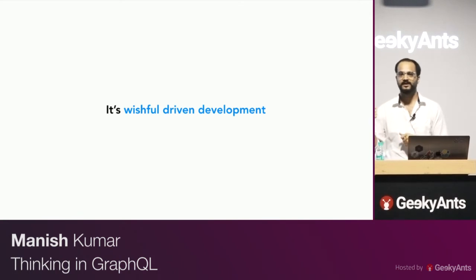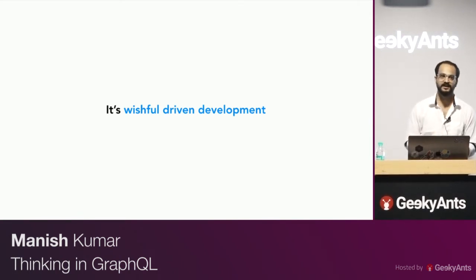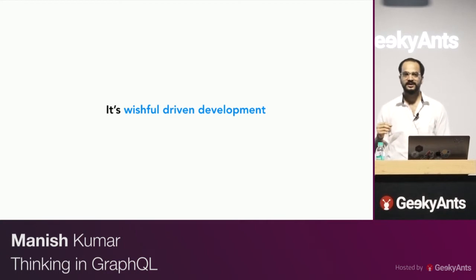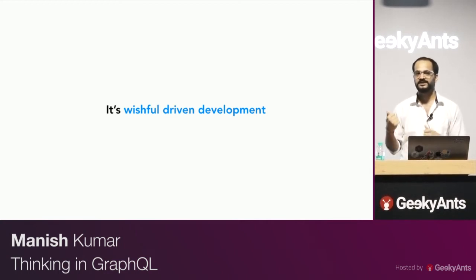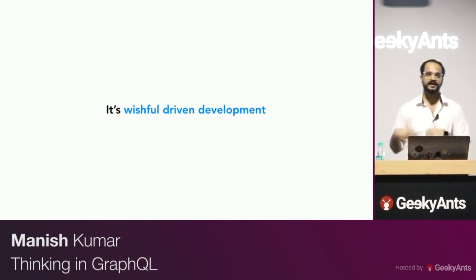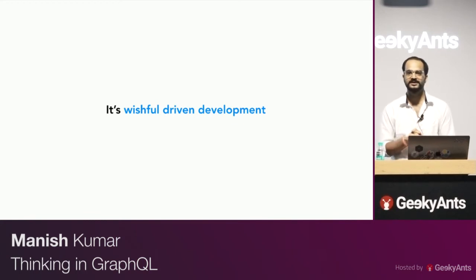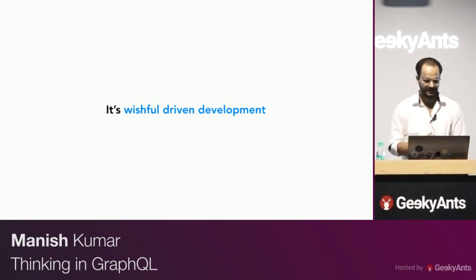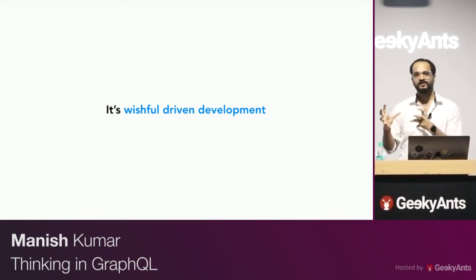What you're thinking is, what could be my ideal API for that client? Should it be multiple APIs? Should it be just one API? Should it consider extra data that has to be sent over the network, or should it just send what is required for that particular page? So you think around what is the perfect API for your client.